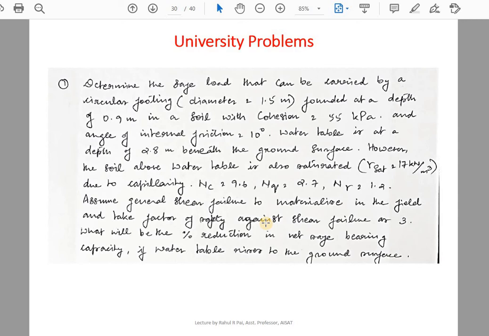Gamma sat is 17 kN per meter cube due to capillarity. Bearing capacity factors Nc, Nq and N gamma are given as 9.6, 2.7 and 1.2. Assume general shear failure to materialize in the field and take factor of safety against shear failure as 3. What will be the percentage reduction in the net safe bearing capacity if water table rises to the ground surface?